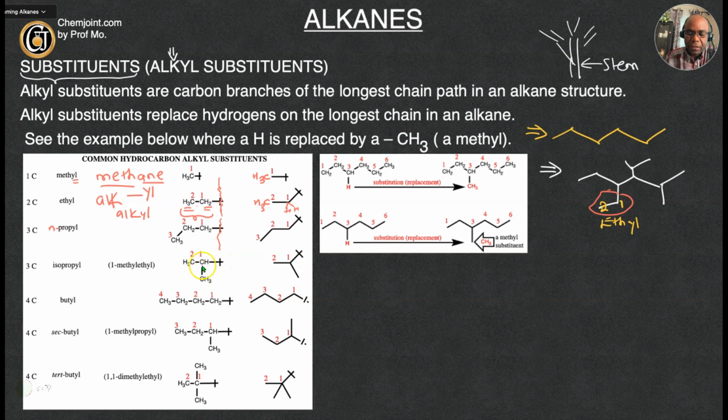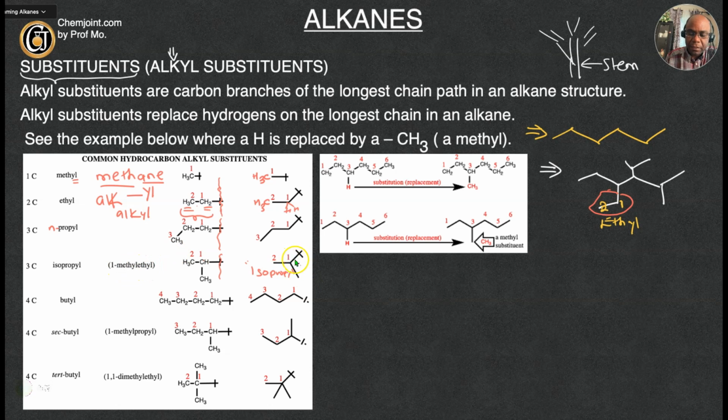So like here you see we still have 1, 2, 3 carbons on the substituent, but it's branched. This type of substituent that takes a Y shape is called isopropyl. Okay, it's called isopropyl commonly, but the preferred IUPAC name will be 1-methylethyl.